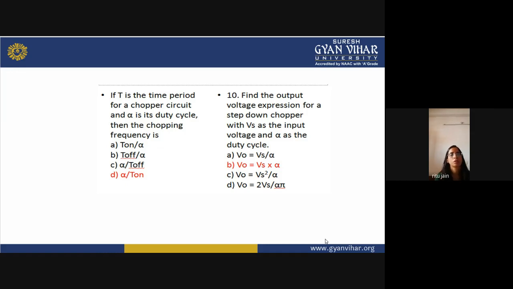So this is all about your chopper, in which we have seen that a chopper is a DC to DC converter. By varying the duty cycle, you can change the output voltage. It may be classified into three parts: buck chopper, boost chopper, and buck boost chopper. In a buck chopper, your output voltage is always less than your input voltage. In a boost chopper, your output voltage is always greater than your input voltage.